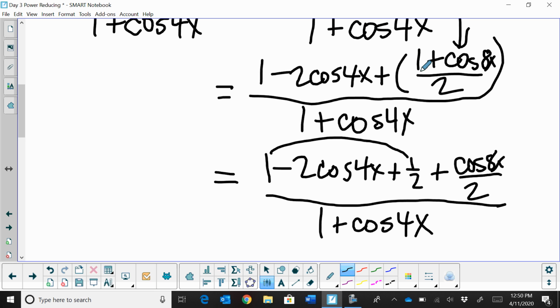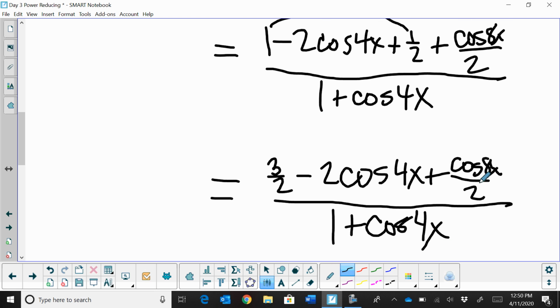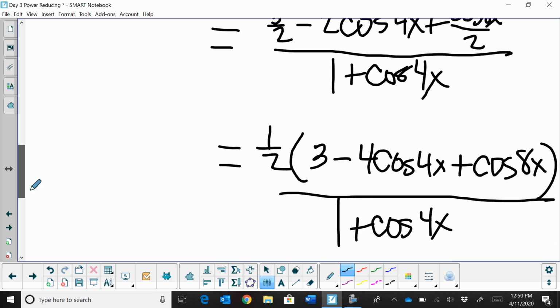Now we combined our like terms on top. What we had to do was separate this into a half and then cosine 8x all over 2. And we could then combine the 1 and the 1/2, which became 3/2. Then, because we have a complex fraction in the numerator, we factored out a half out of the numerator, which then doubled this to a 4.